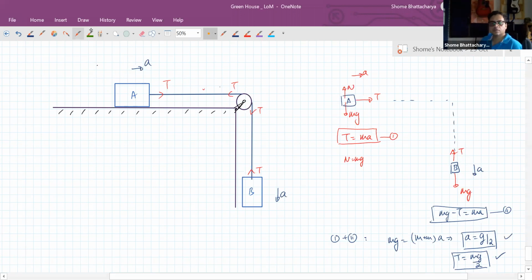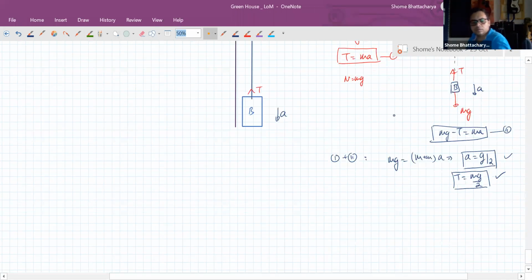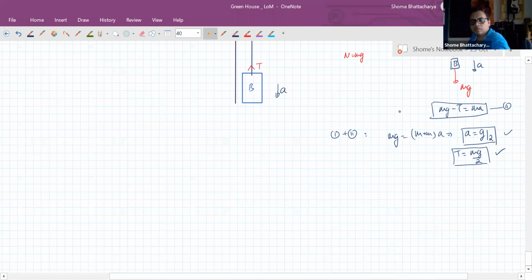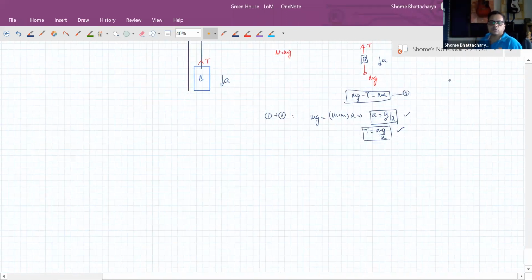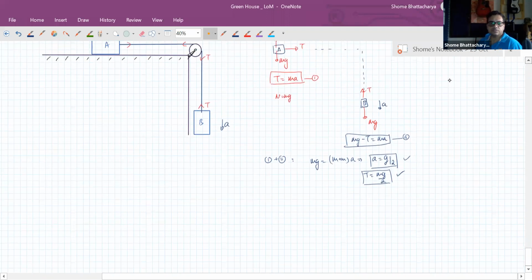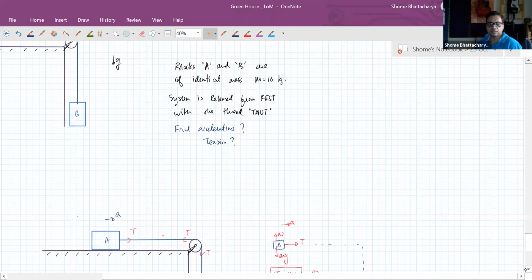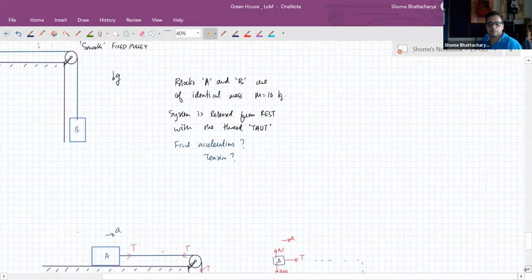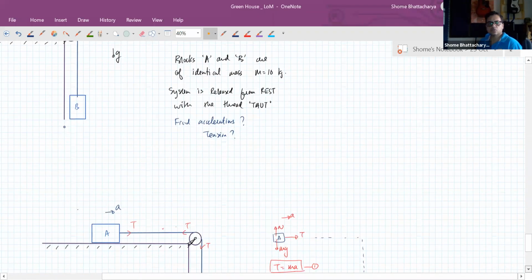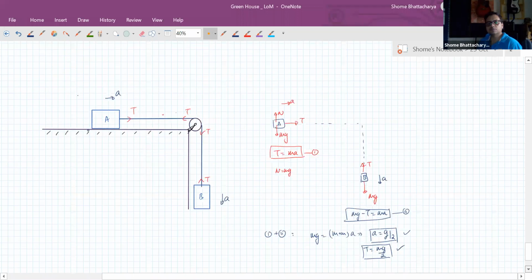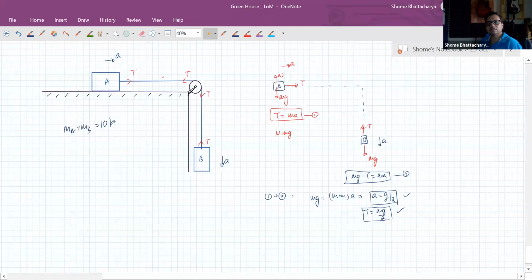Now we can figure out the value of tension from the mass of the blocks which I had given. So mass of A was equal to mass of B equal to 10 kg each, and g we will take as 10 meters per second square.